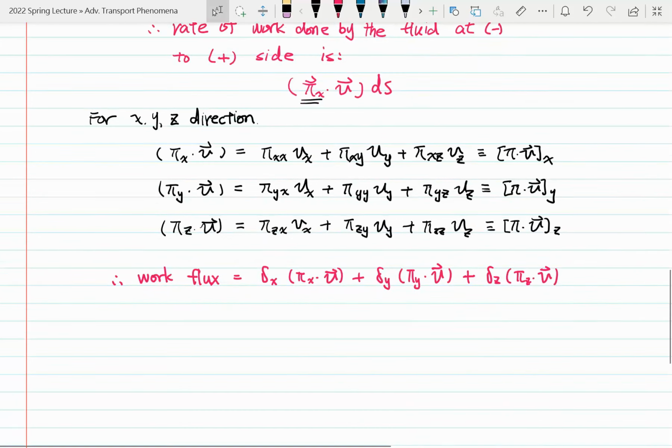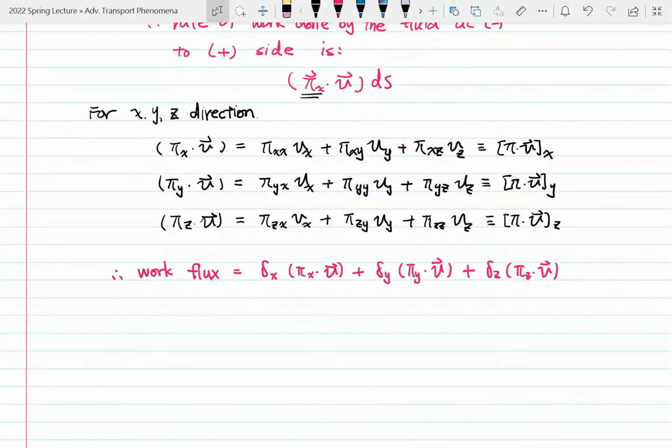Again, if you need to know the rate of work across a unit area with some normal vector, you just need to figure out the dot product between that normal vector and the combined work flux.